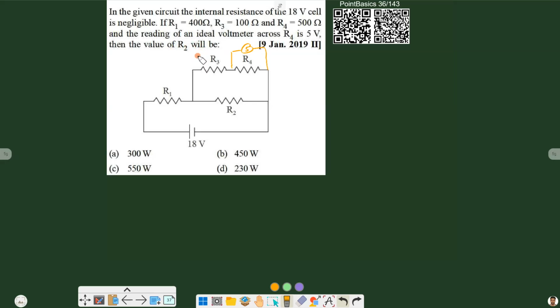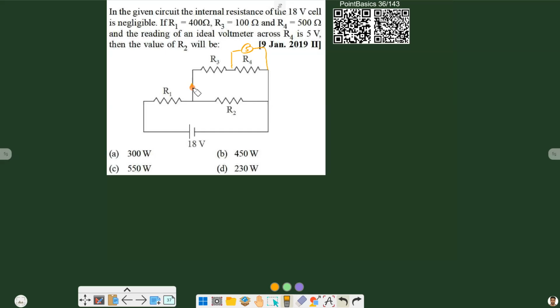Now for that, what we have to do: R3 and R4 are both in series, so first of all we will take their series combination, and then this series combination is in parallel with R2. Then we will take their parallel combination, and then again take its series combination with R1, and then we will solve the question, because we have to find the current.